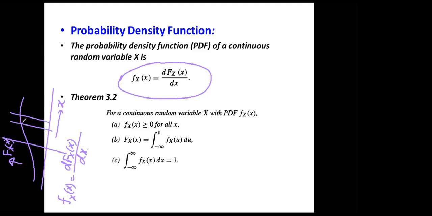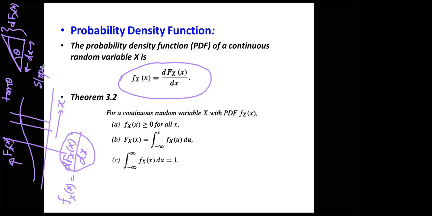It means this curve is something like this, and this value is dF(x), and that value is dx. So when I'm talking about dF(x) by dx, we are finding this perpendicular by base, that is tan theta, which is the slope of the curve. So the PDF is the slope of the curve of the CDF.